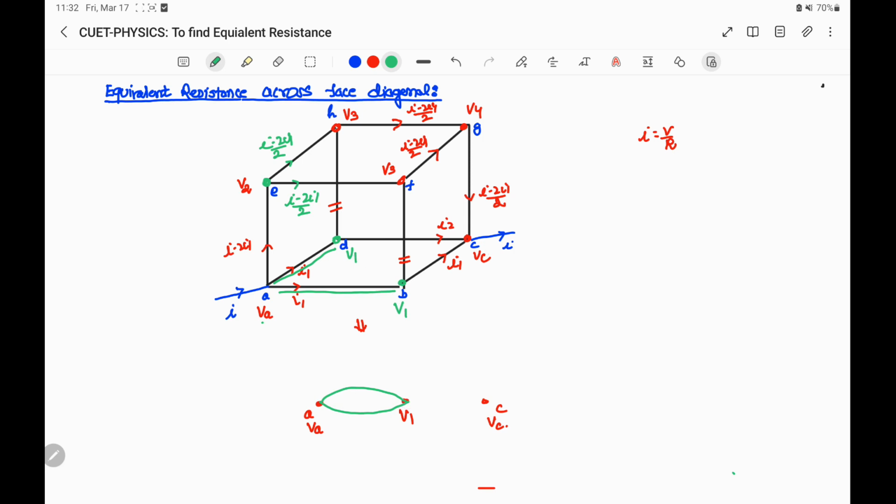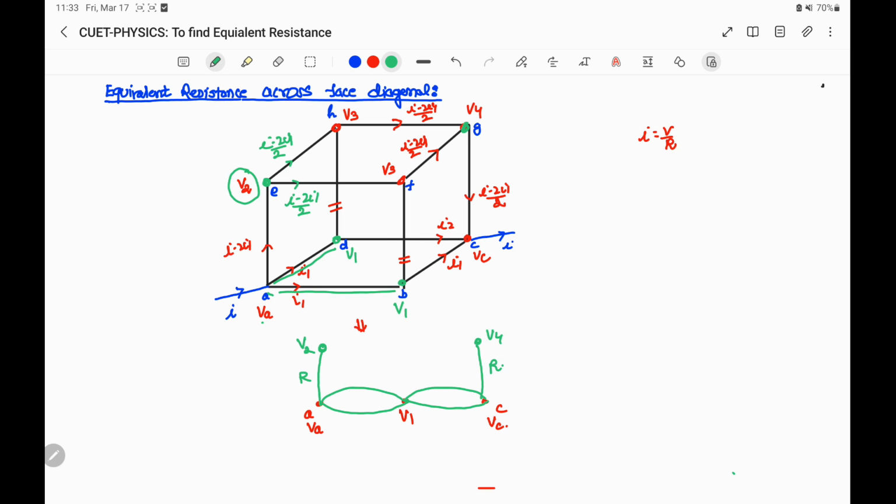Similarly, from V1 to VC, there are again two resistors. Then from A, there is a point E at potential V2, connected through an edge of resistor R. And similarly, C is connected to the point having potential V4, which also has a resistor R.